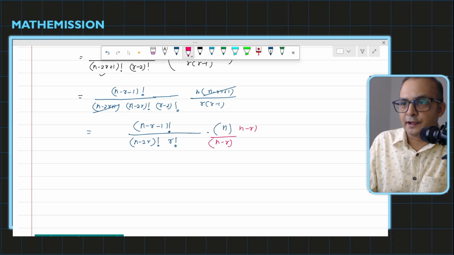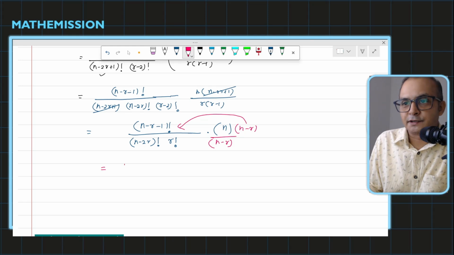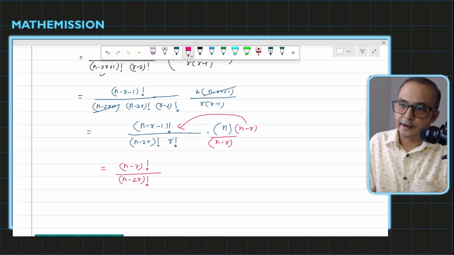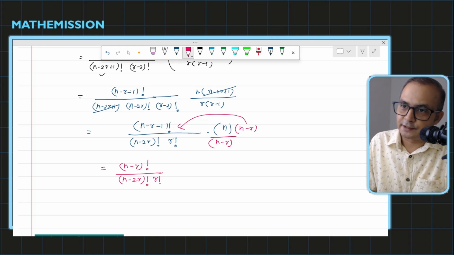So this n minus r we can take with that, and that will turn into (n minus r) factorial, and this is (n minus 2r) factorial only, and I have r factorial this side, and this is n by n minus r.